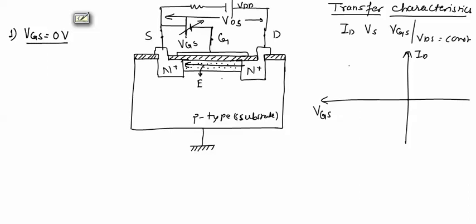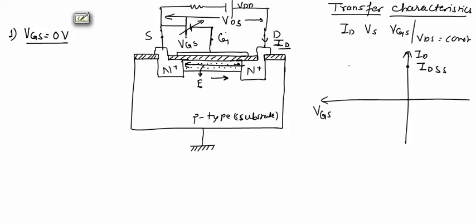This electric field will help these charge carriers to move in this direction and will contribute a drain current ID. So when VGS equal to 0 volt, in this channel the maximum number of electrons will be flowing in this direction, and drain current ID will be maximum, that is IDSS.